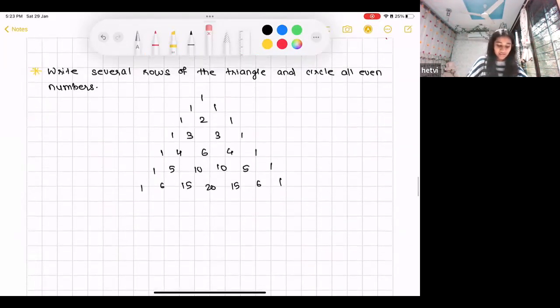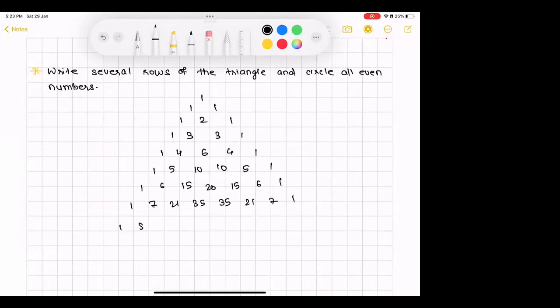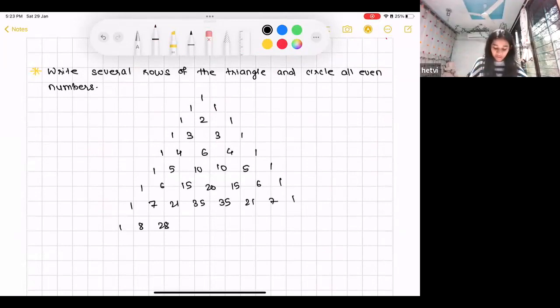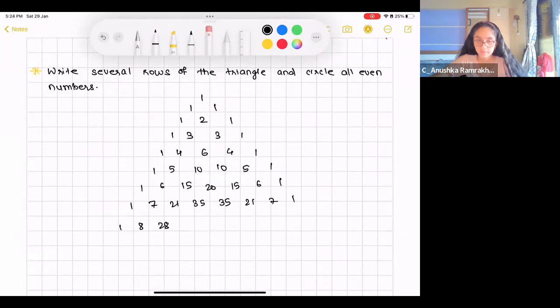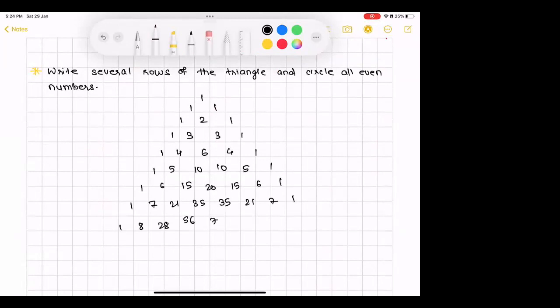Okay, the Pascal's triangle. Does anybody have the 8th row, 9th row, 10th row ready? Yeah, I have 8th and 9th. Okay, so just any one of them. 1, 8, 28, 56, 70, 56, 28, 8, 1.